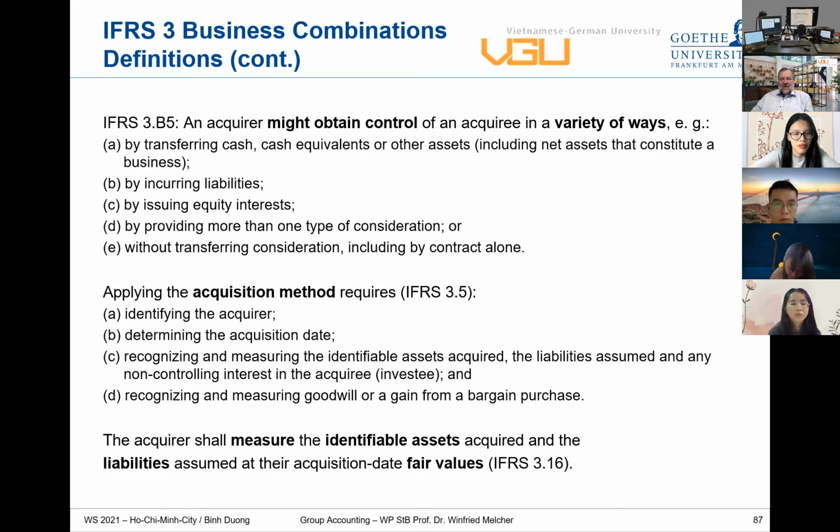It might be in practice the acquired company that is acquiring the parent. So you have an inverse or a reverse acquisition, but that's a problem that maybe arises in your future career, but not in this course here.